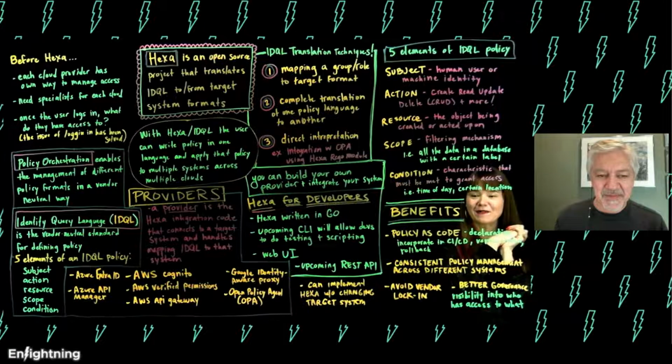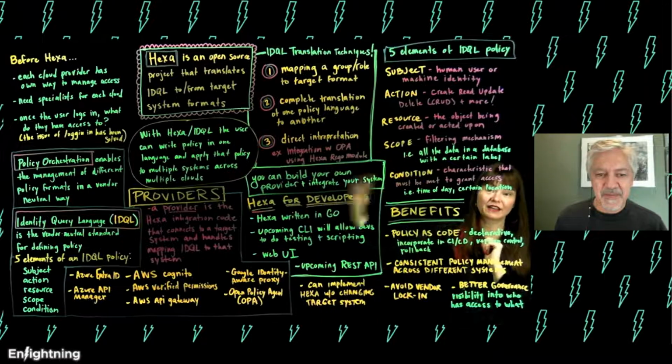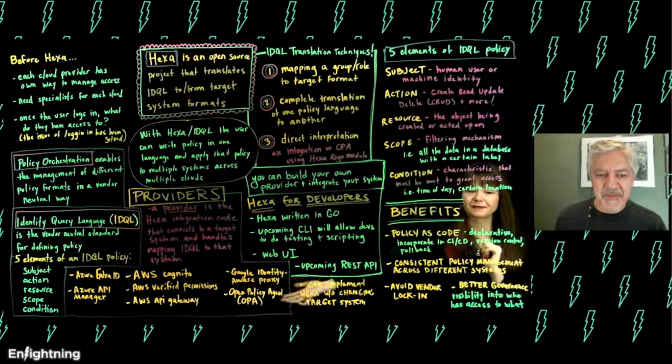And then finally, we went over the benefits of Hexa. For one, you could do policy as code. When policy is declarative code, you can incorporate it into your CI/CD pipeline. There's version control, and you can roll back. You can do everything you can do with normal code reviews, have it in GitHub where people review your code before it gets applied, while you're managing your policy across your multi-cloud environment.